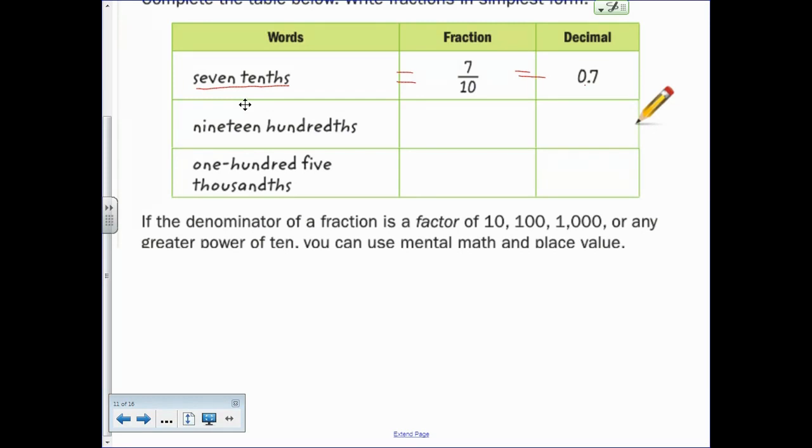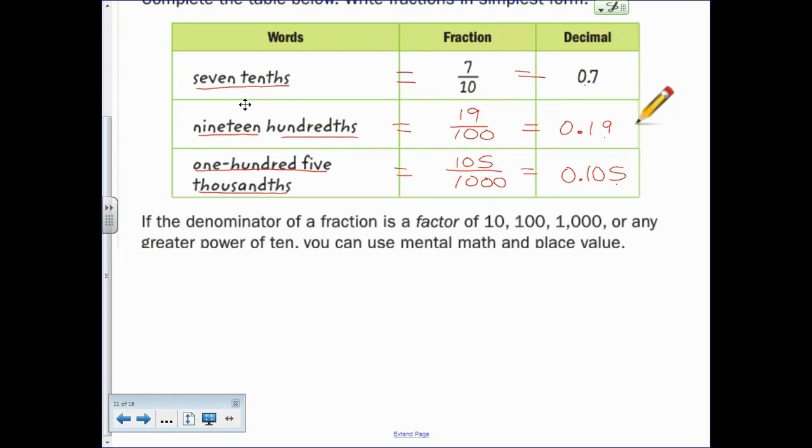And by the way, all three of those are read the same way. 19/100 is equal to 19/100, which is equal to 19/100, where the 9 is in the 100th place. 105,000ths is equal to 105,000ths, which is equal to 0.105. So 105,000ths, where the 5 is that third decimal place, or the thousandths.